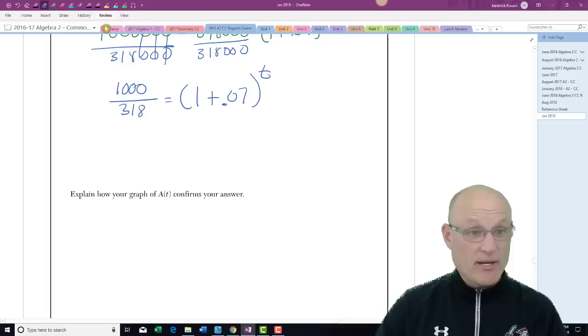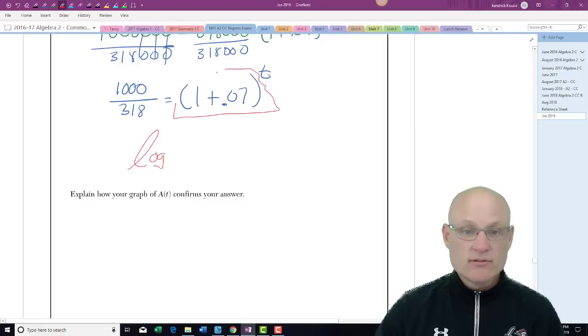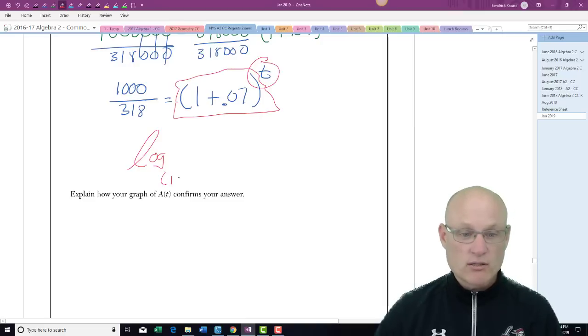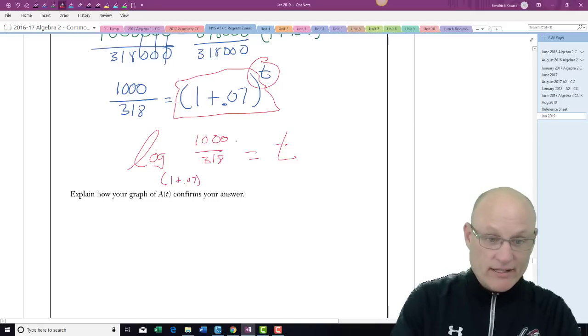Now this is an exponential function. In order to solve it, we're going to do log. So log, this is your base, and this is your exponent. So bases go down here, 1 plus 0.07. Logs are equal to exponents, so I put a t there. And then the 1,000 over 318 goes here. So believe it or not, that's all I got to type in.